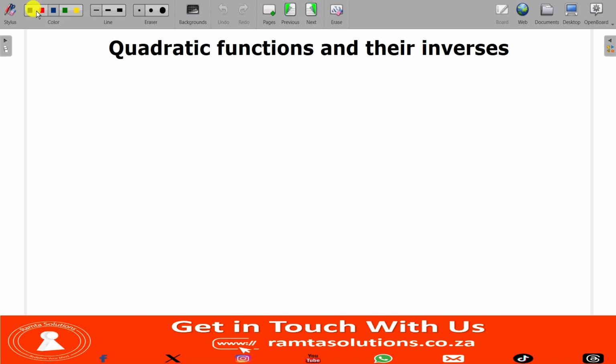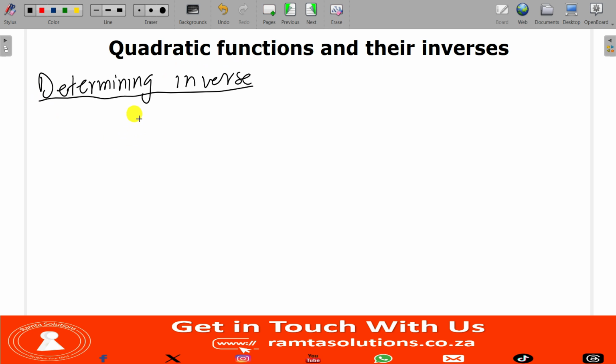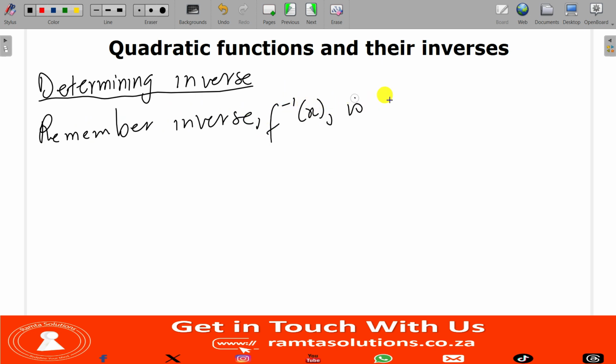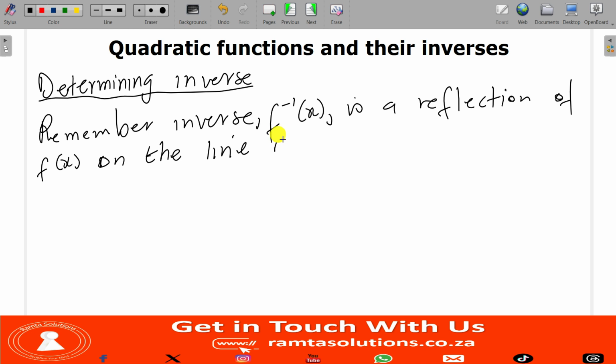Now, let's head to determining inverse. So when we determine inverse, remember, inverse f to the -1 of x is a reflection of f of x on the line y equals x.